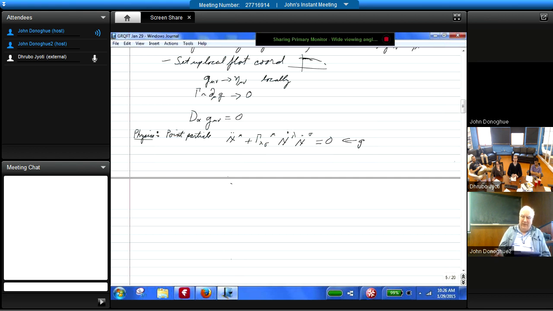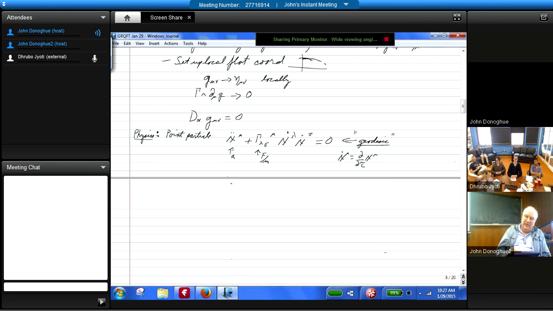If you go to any GR book, this is the geodesic equation. It's how a point particle moves. This is the acceleration, and this is basically the force over the mass, and x dot is with respect to the proper time. All these little things you see in any GR text.